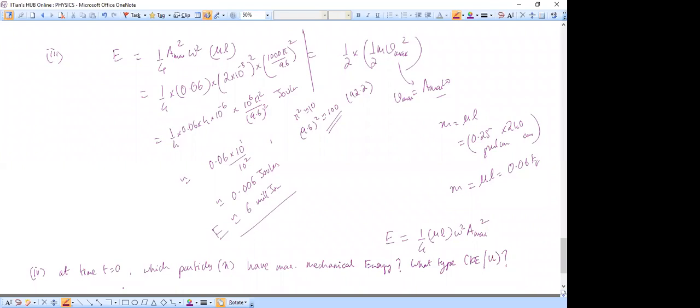And again, one quarter of time period later, which particles have maximum energy and what type of energy.